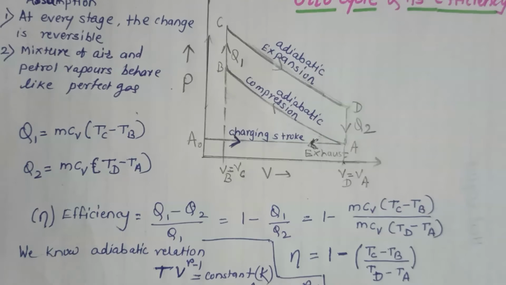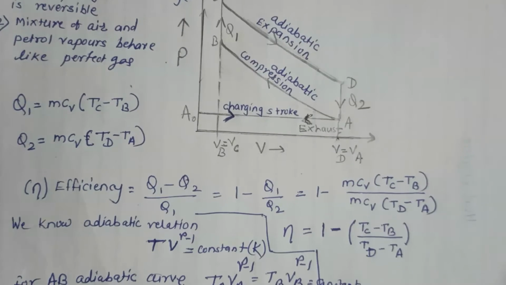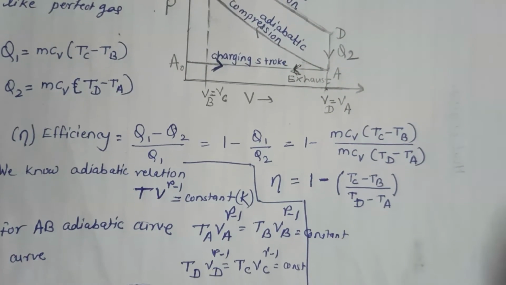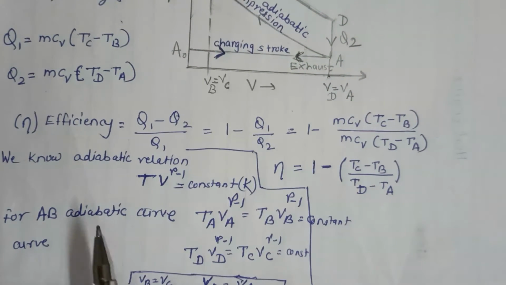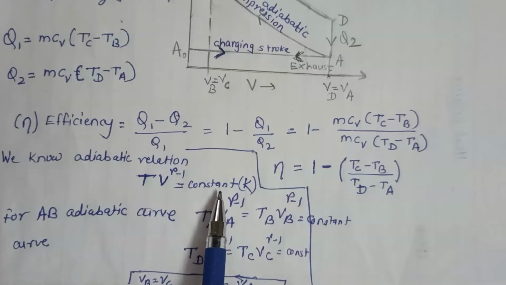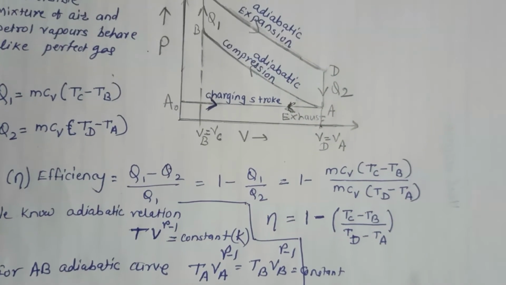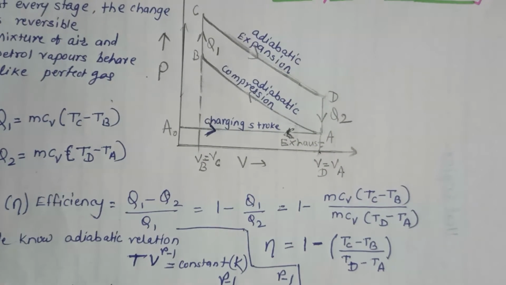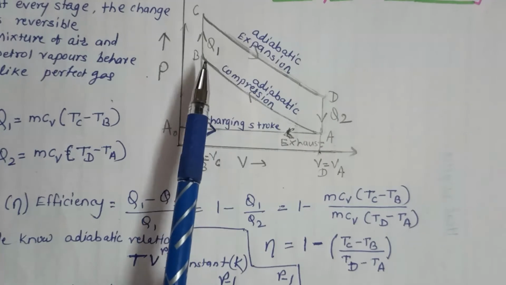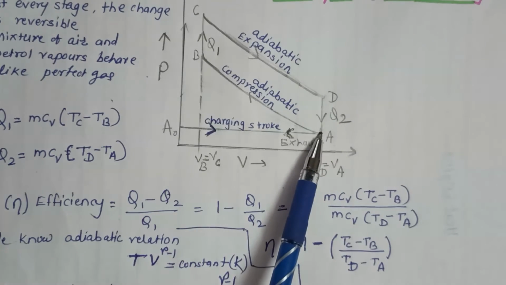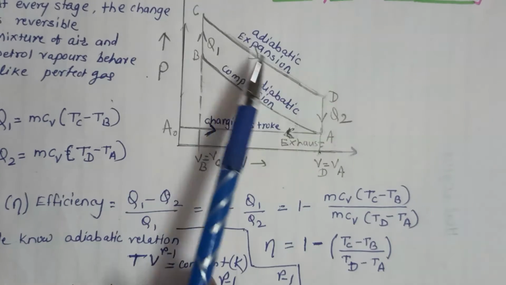We know that adiabatic relation for adiabatic change, T V raised to gamma minus 1 is equal to constant K. This is adiabatic relation. In Otto cycle, there are two adiabatic curves. First, AB, this is the adiabatic curve, and another is CD.